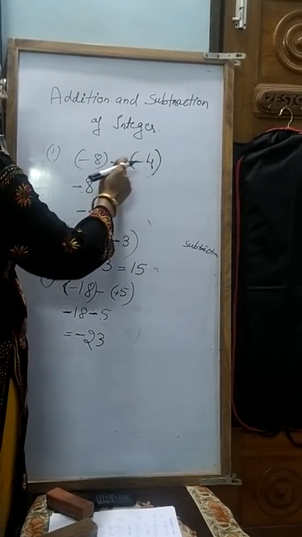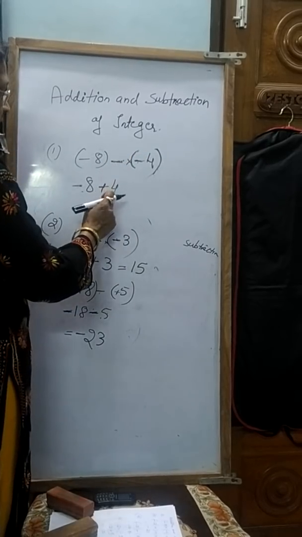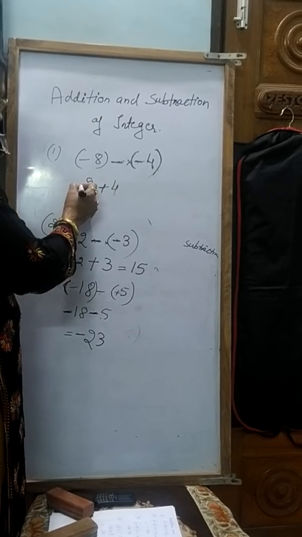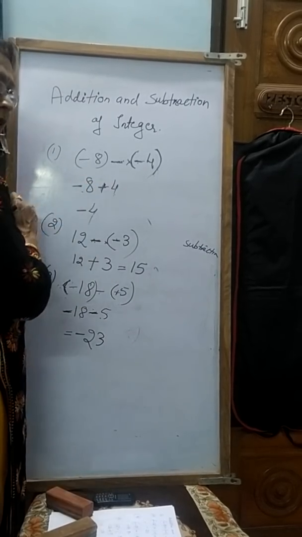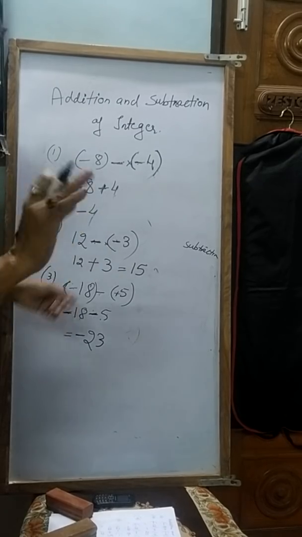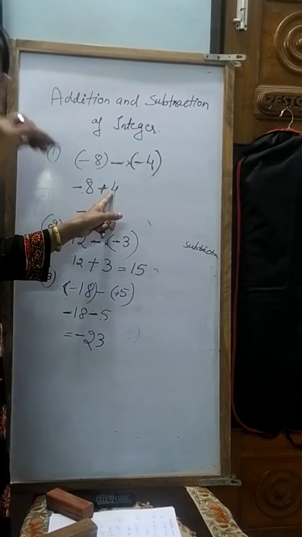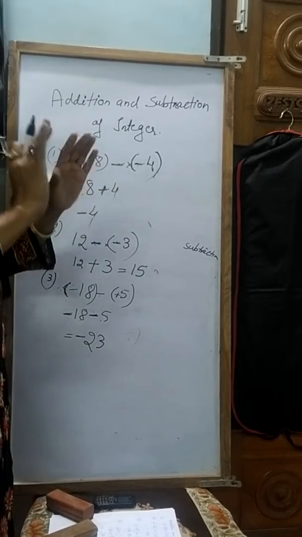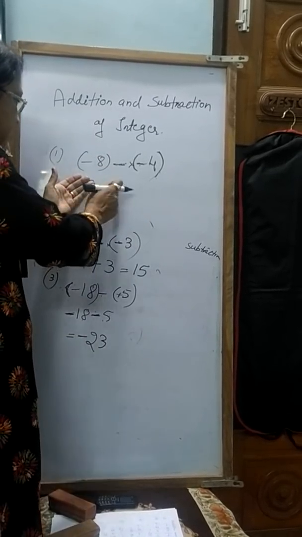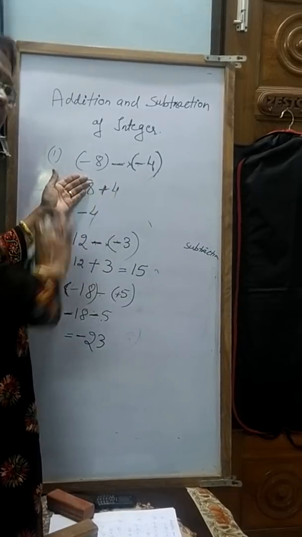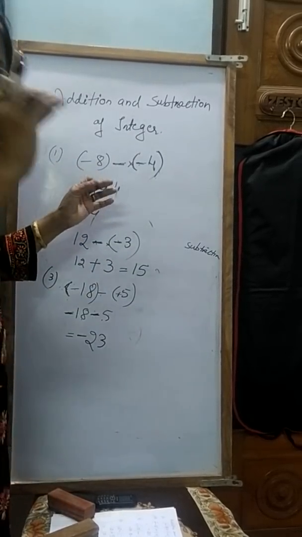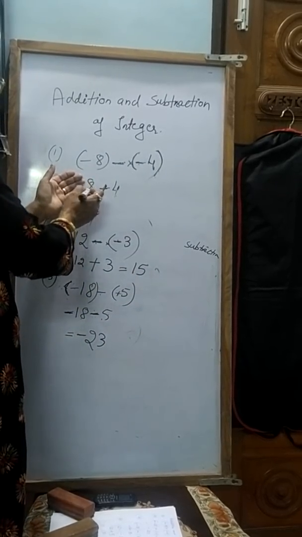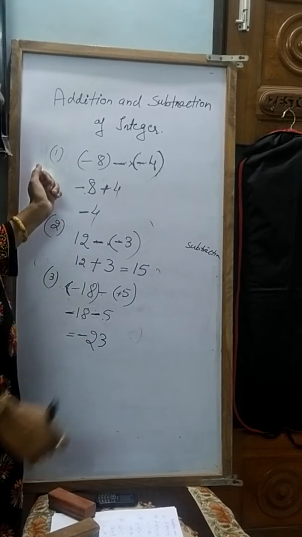When you will do the multiplication, this minus and minus will get plus. और जैसा कि मैंने पहले बताया कि -4 और -8 और +4, एक नंबर नेगेटिव और one number is positive, you always do the subtraction. बड़े में से छोटा नंबर माइनस कर दो, 8 में से 4 गया 4, और you always put the sign of greater number. जैसे यहाँ पे 8 बड़ा है, 8 के आगे माइनस साइन है, you will get minus.